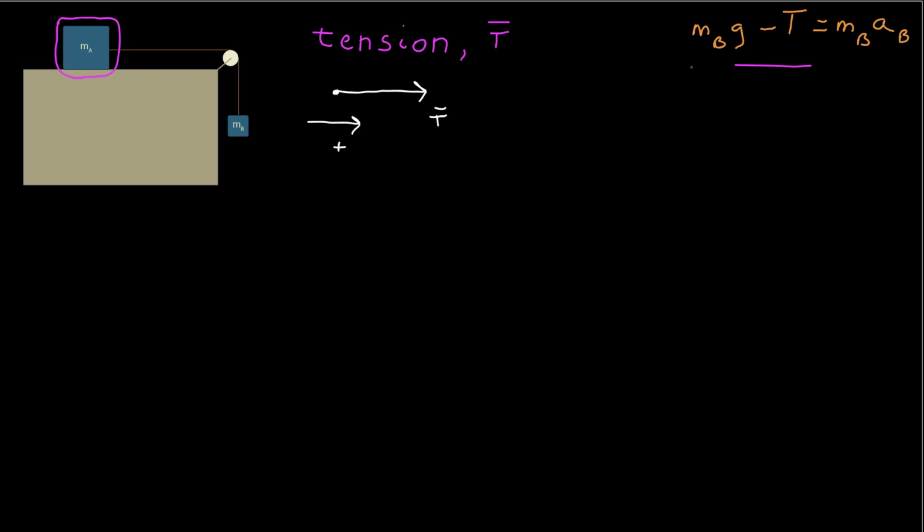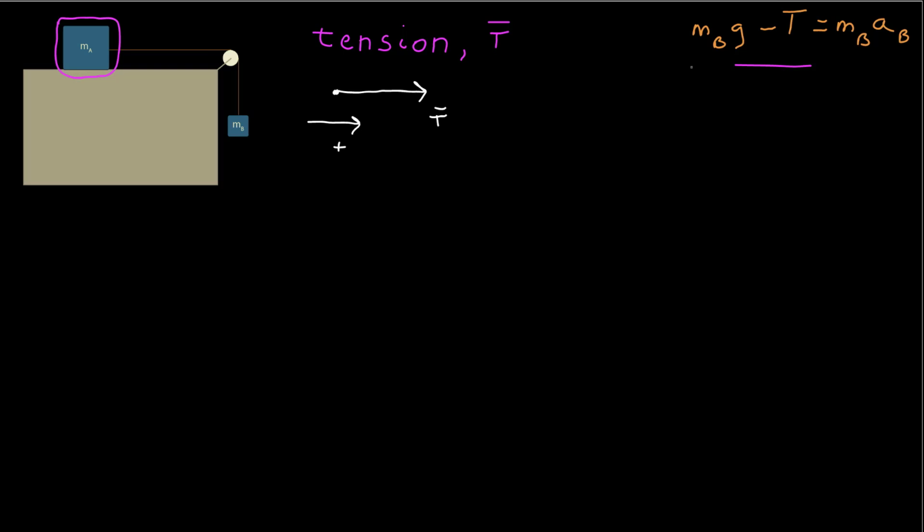And there is, of course, a contact force between the surface and mass A, but I was told it was frictionless, and that means the component of that contact force in the horizontal dimension is 0. So the only force in the horizontal dimension is the tension. So there's just one force, just my free body diagram with just one force pointing to the right.